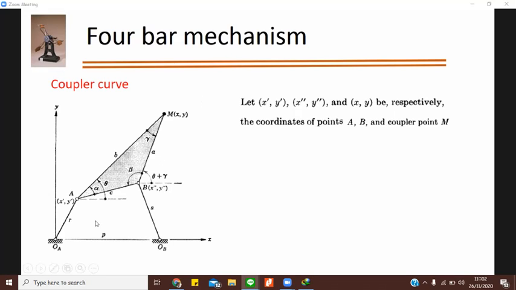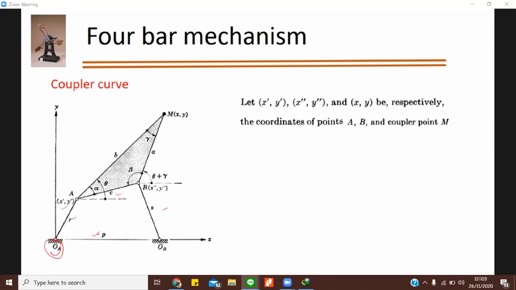So what we are doing, this is your 4-bar link mechanism. This is your fixed link. This is your link 1, link 2, link 3, and link 4. So R, C, and S. So this point A, I'm defining as X dash, Y dash with respect to this frame X and Y, which is at origin O, OA.